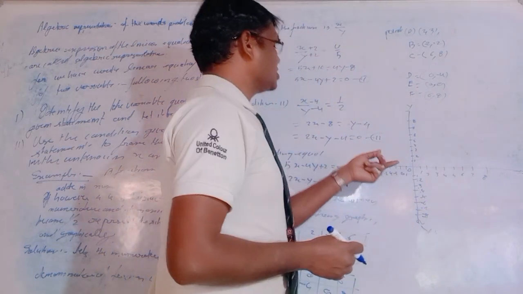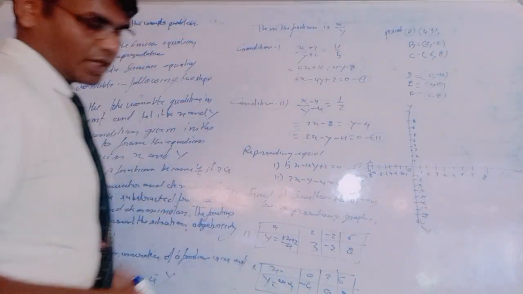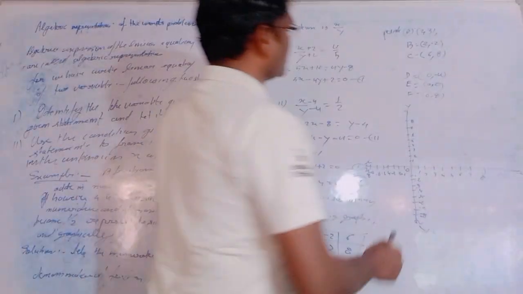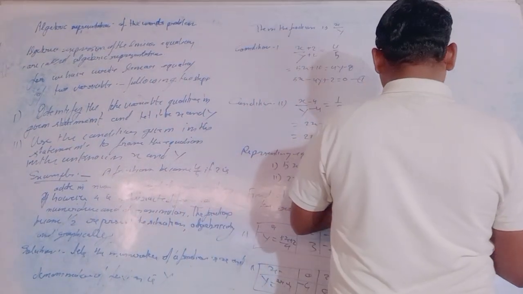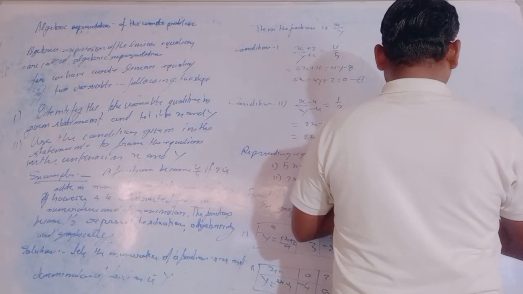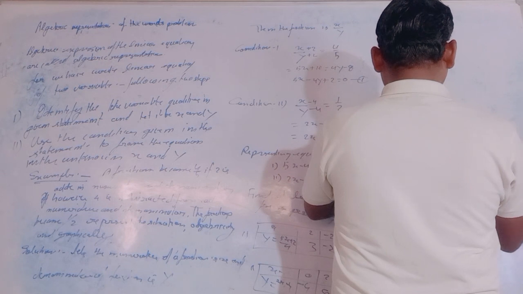So representing this data, first we have got 2 and 3. A became 2 and 3, x is 2 and y is 3.